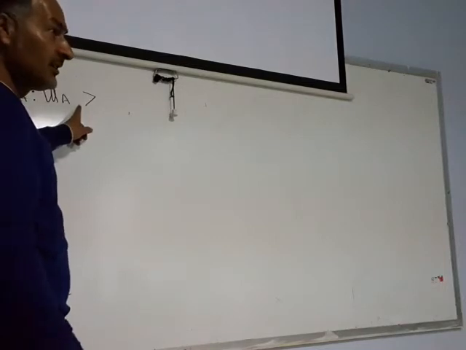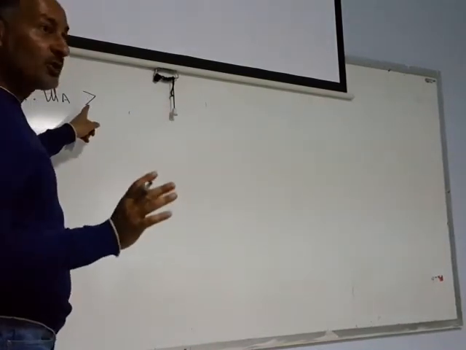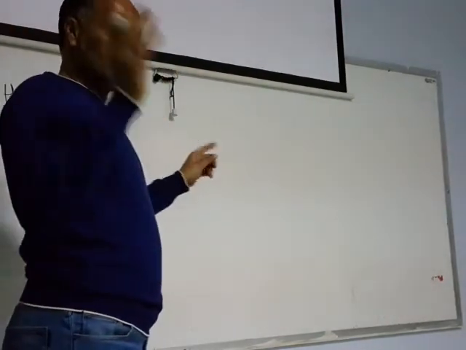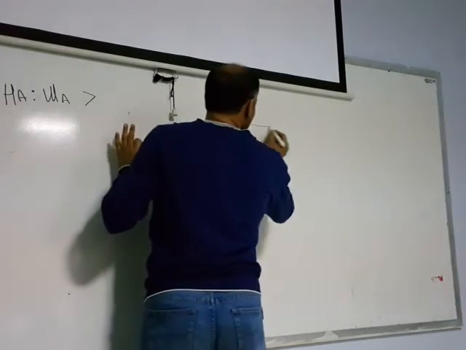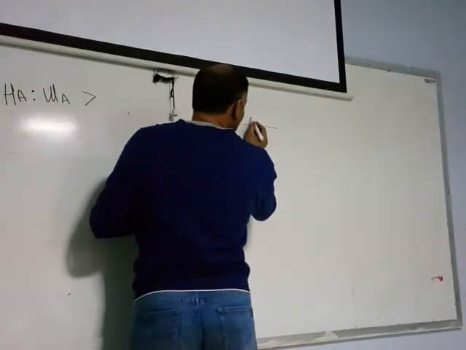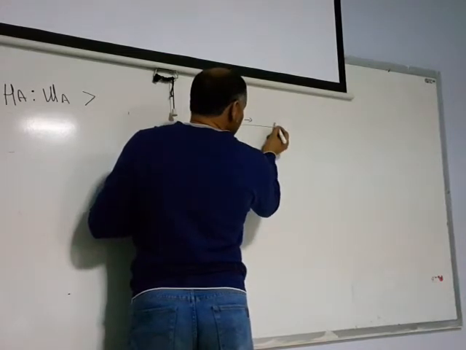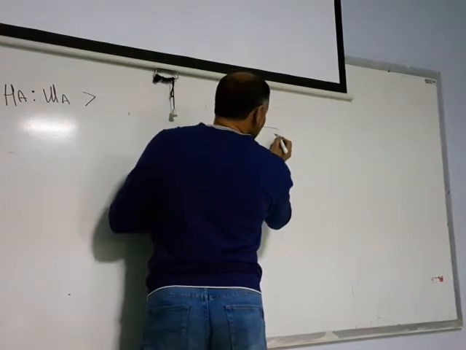What is this sign? Not equal. More than. Simple. Most of you have confusion about these signs. You should simply make a line. When I say more, the arrow should go towards this. When I say less, this is less, this is more.